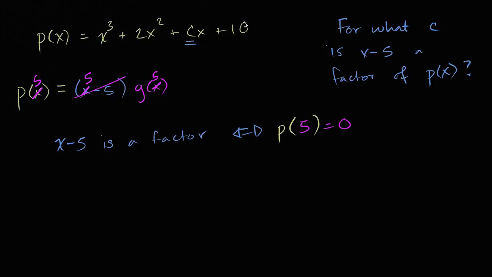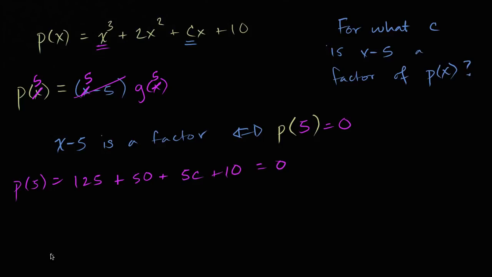So let's just set p of 5 equal to 0 and then try to solve for c. All right, so we're going to get 5 to the third power. So p of 5 is equal to 5 to the third, which is 125, plus 2 times 5 squared, so 2 times 25, which is 50, plus c times 5, or 5c, plus 10.